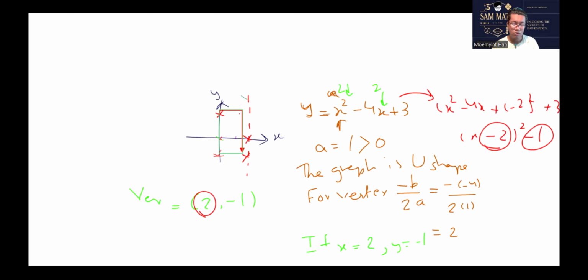So the graph will look something like this. According to its symmetry, it will look something like this. Okay? It also has x-intercepts.